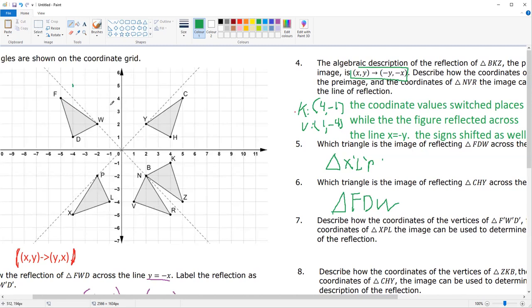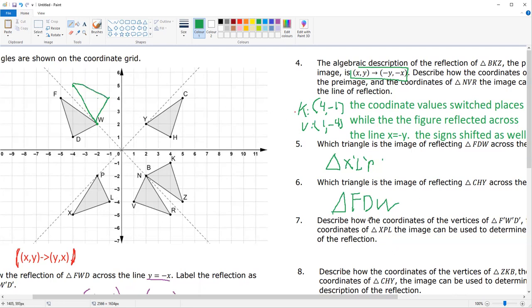It flopped to 2, -2. And then this was 4, 2, so we'd make 2, 4. That was too skinny. This had to be 4. Yeah, that's right.